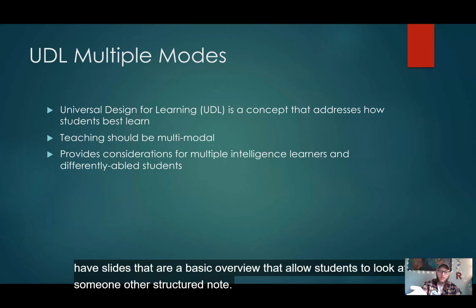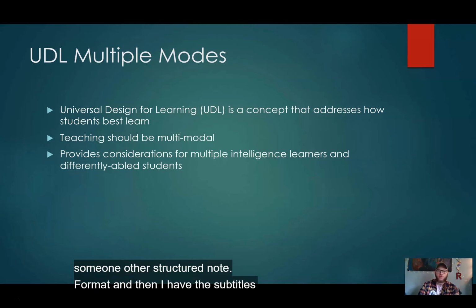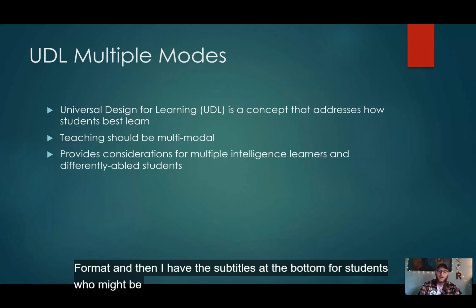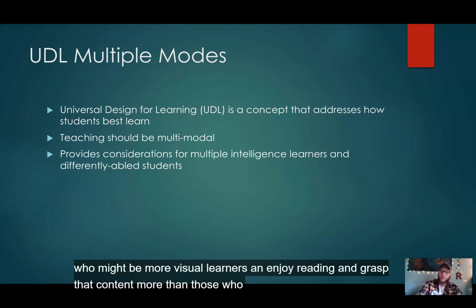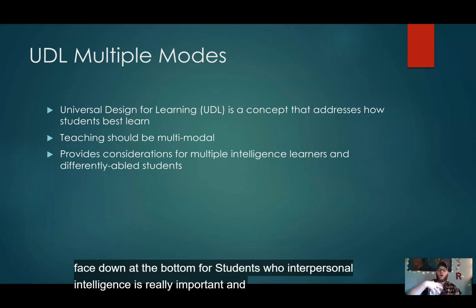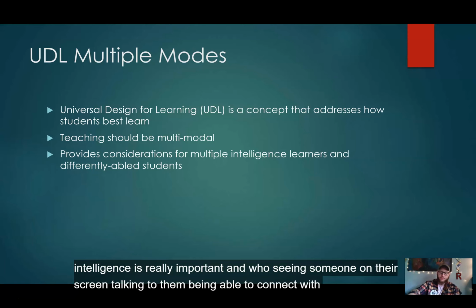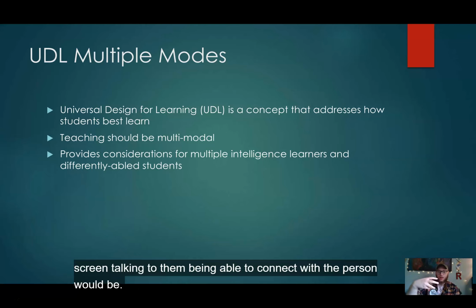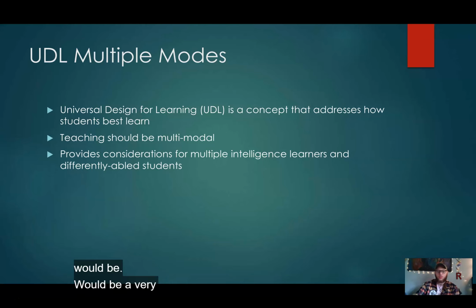And then I have the subtitles at the bottom for students who might be more visual learners and enjoy reading and grasp that content more than those who listen. And then I also have my face down at the bottom for students whose interpersonal intelligence is really important, and who seeing someone on their screen, talking to them, being able to connect with a person would be a very important thing to catalyze their learning experience.